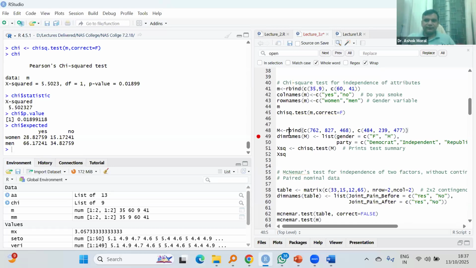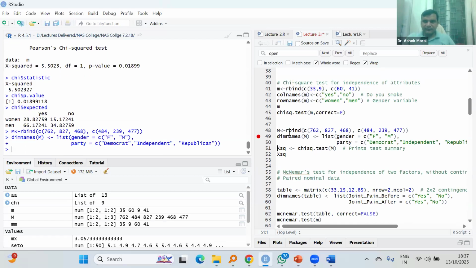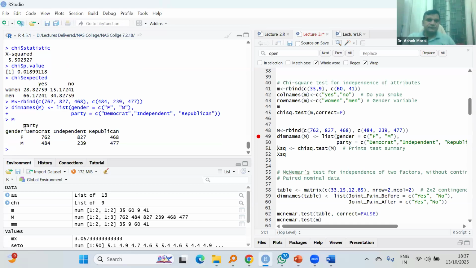So similarly you can go for three categories like this. This is my M. Gender and party: whether the gender has an influence on a particular party. So this is the way to enter the data. It's up to you in what way you want to enter, row bind or column bind or whatever.